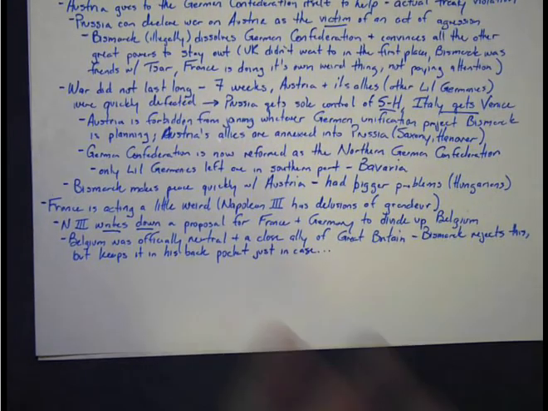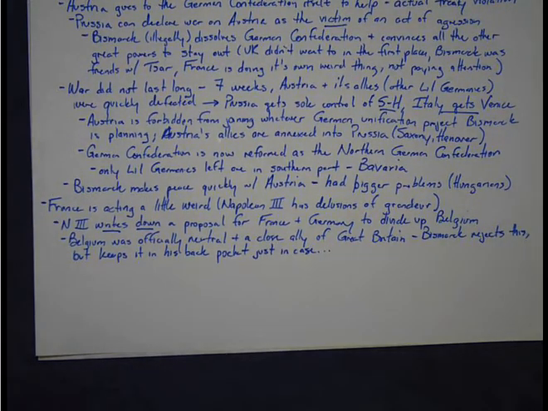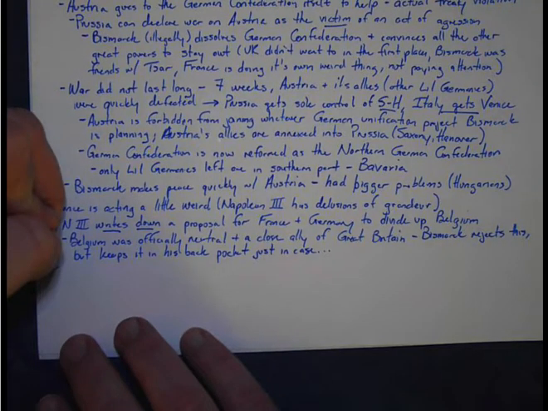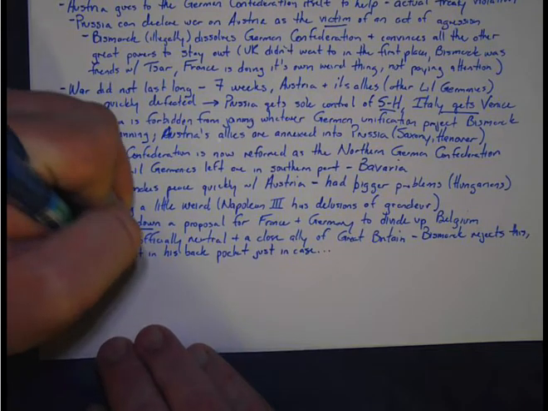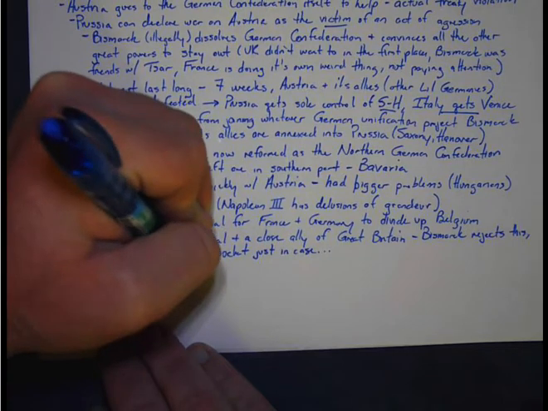And we'll cover that in the next video. The other weird thing that France is doing at this time is that France is trying to recreate their North American empire.